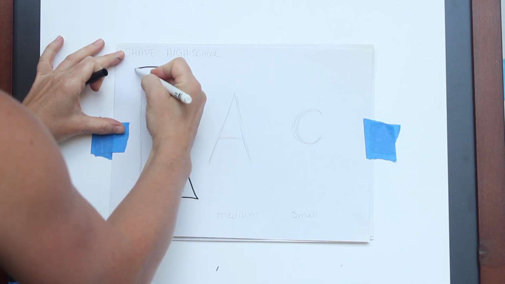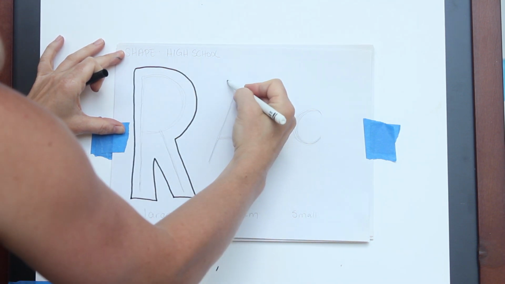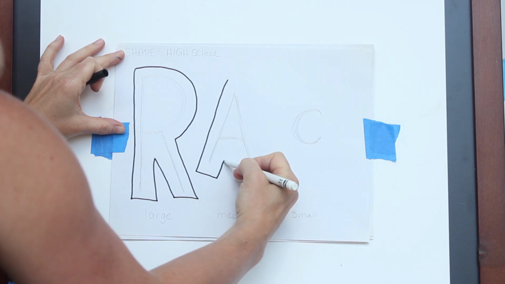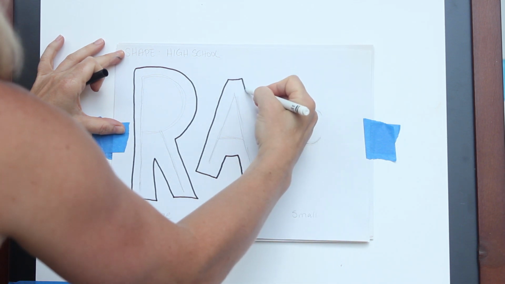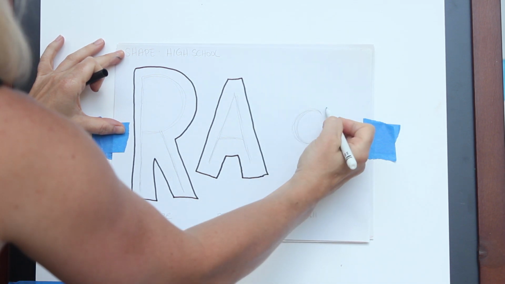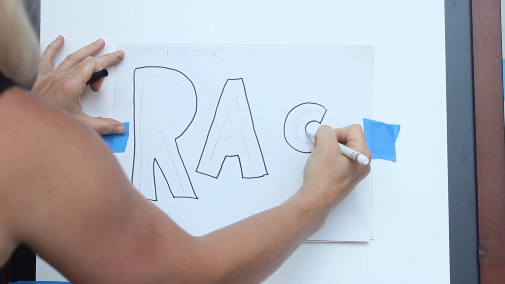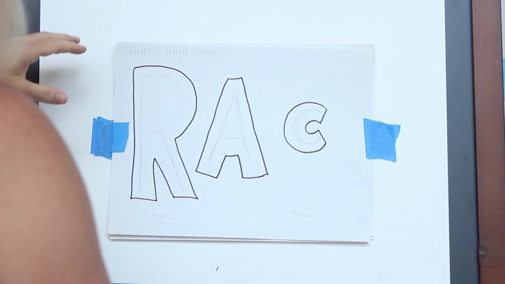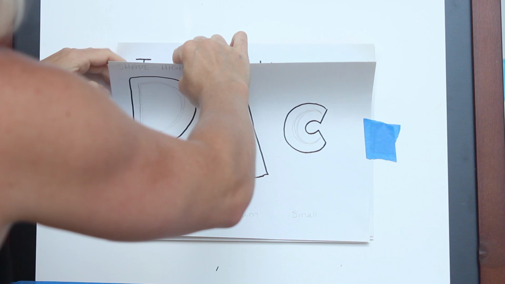Don't touch that inside letter. So you're tracing around it, following the letter, and making the shape of the letter. And it turns it into a block letter. Okay? So now you have your initials.